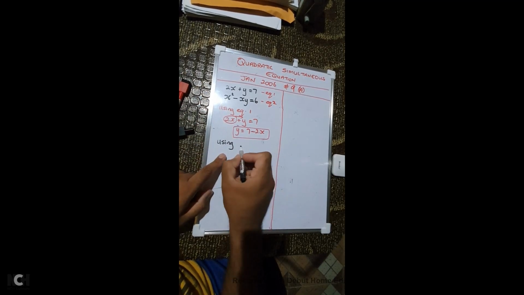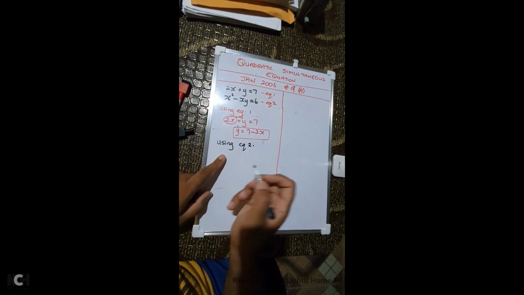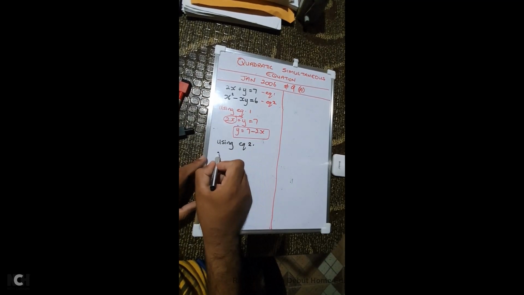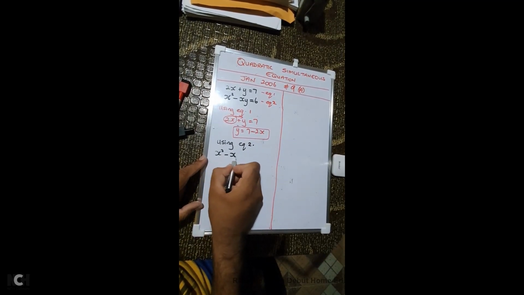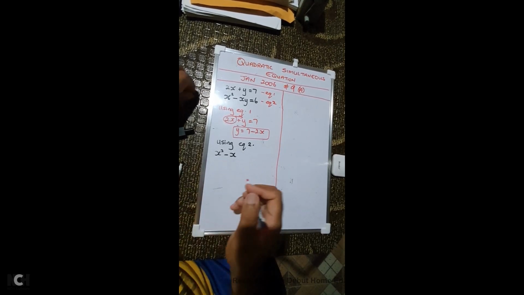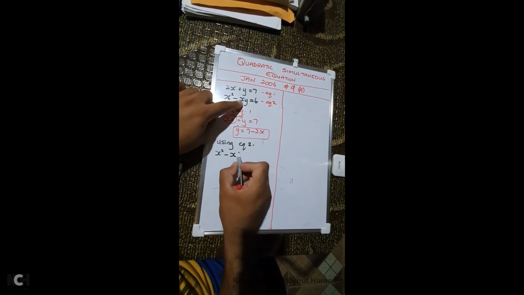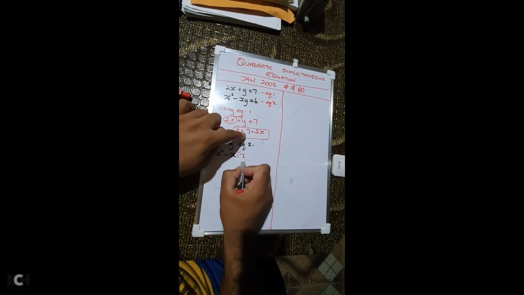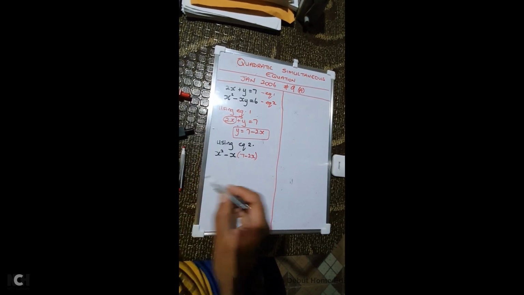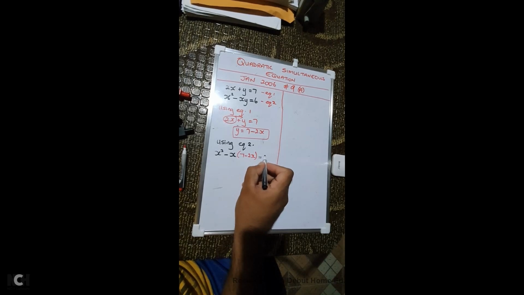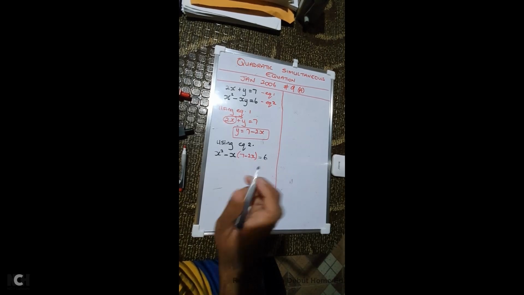Okay? So using equation 2, we have x squared minus x, and remember we know the value of y now. So when you see y, you will put 7 minus 2x, is equal to 6.